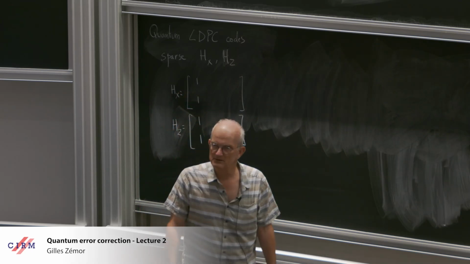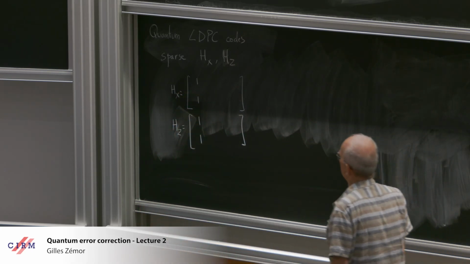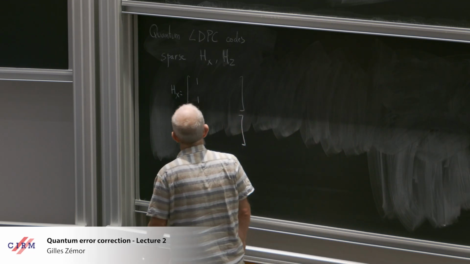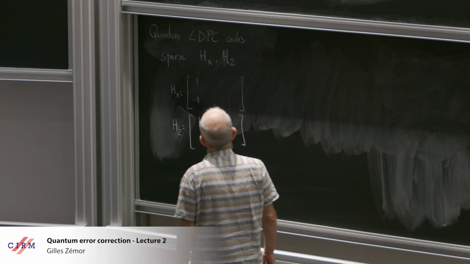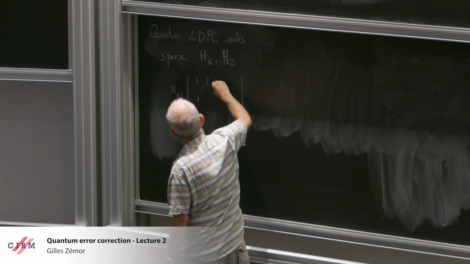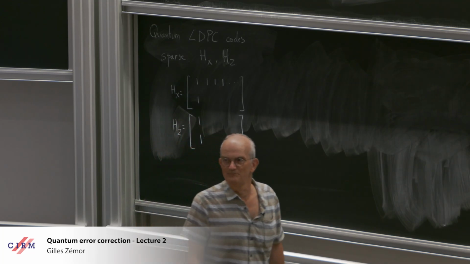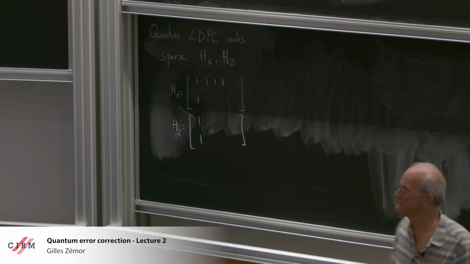So 2 ones per column for HX, 2 ones per column for HZ, and a certain number of ones for rows.